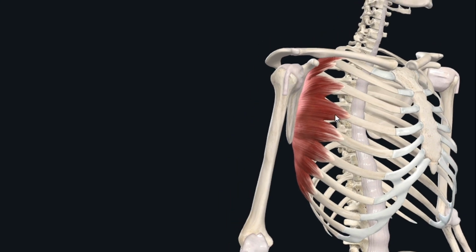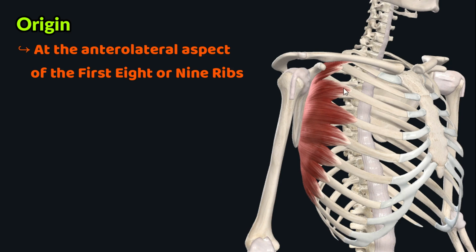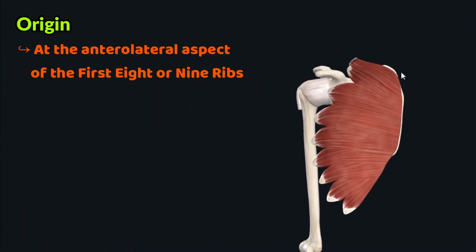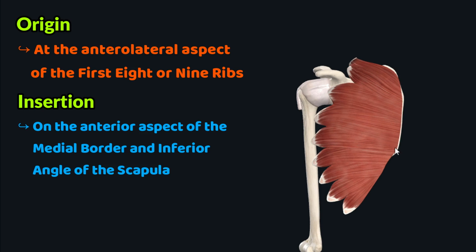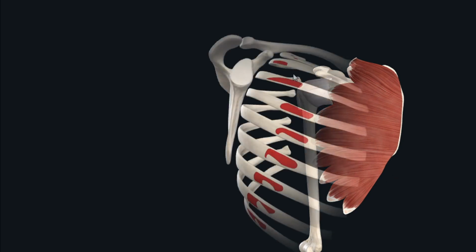First, looking at the origin and insertion, this muscle originates at the anterolateral aspect of the first 8 or 9 ribs, and inserts on the anterior aspect of the medial border and the inferior angle of the scapula. Let me show you the origin and insertion points on these bones.